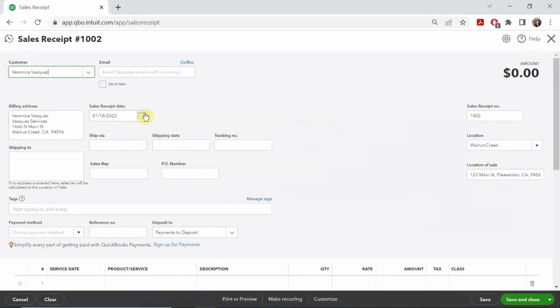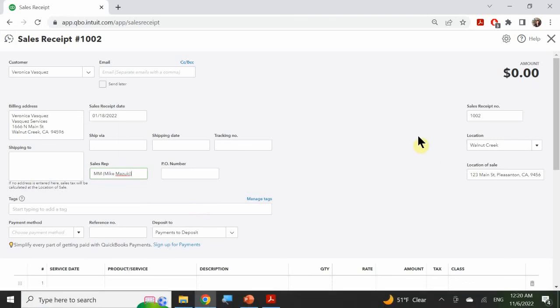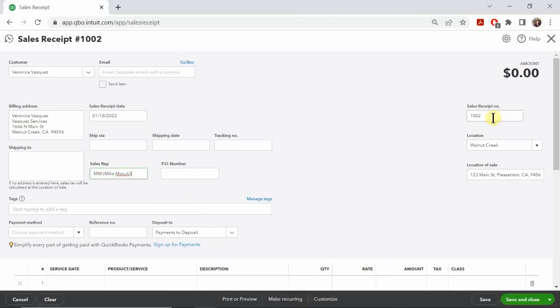So we are going to be selling to her on the 18th of January. Okay. Sales rep once again is Mike Mizuki, so MM. Okay. Sales receipt. Okay, look, so watch this, right?